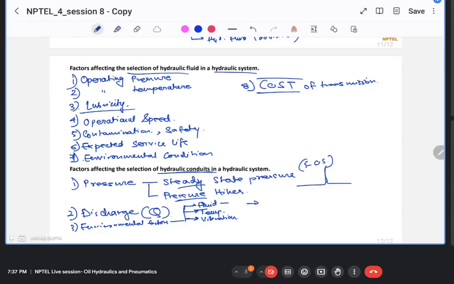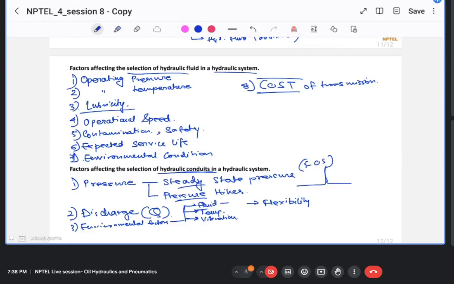Next, one important thing is flexibility. Whether you need a flexible hose. So where do you need a flexible hose? Where you have moving elements. Suppose there is a relative motion between the two parts between which the fluid flow is happening, which are connected by a hose.